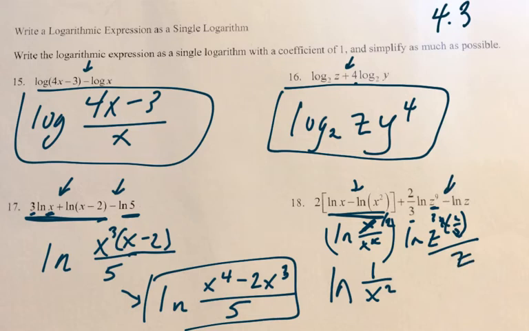Z to the 6th divided by z gives me the natural log of z to the 5th. So if I'm doing the sum of those two things, then that's going to end up being the product. So when I multiply those together, I'm going to end up with the natural log of z to the 5th over x squared. That one is quite a doozy.